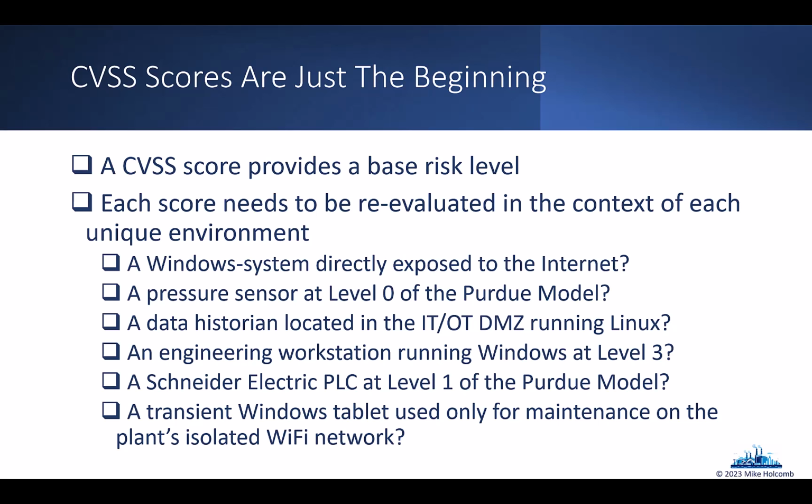Schneider Electric PLC sitting at level 1. And this is where we start to get into some of the more interesting conversations in OT, because what if it was a critical, or let's say a high risk vulnerability that could give the attacker control over the PLC? It's at a much lower level according to the Purdue model of the environment.